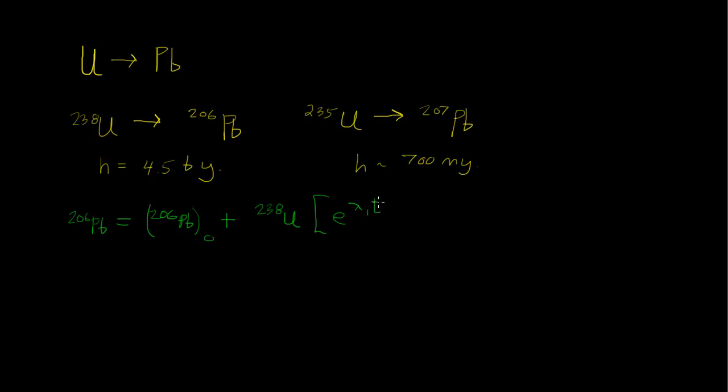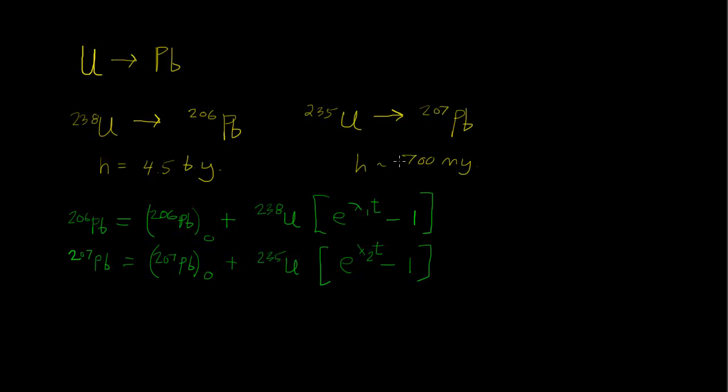I'll use lambda 1 as the decay constant for uranium-238 minus, and I'll use lambda 2 for the decay constant for the decay of uranium-235. So, and then for uranium-235, I could write the same thing, which I'll do real quick here. Okay, there's the equation for the decay of uranium-235, producing the daughter of lead-207, right? And these should look familiar. We've used these before when we described the decay of rubidium to strontium, for example.